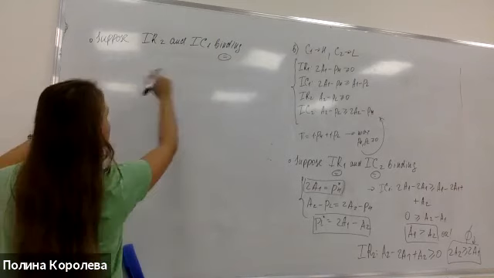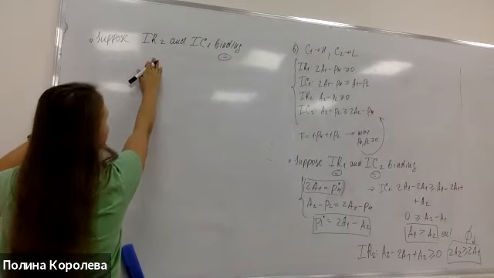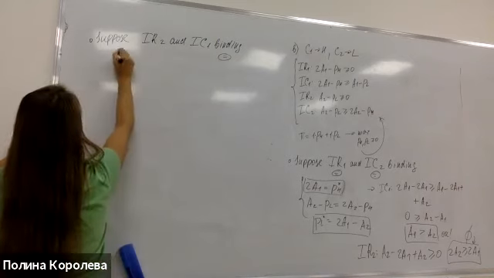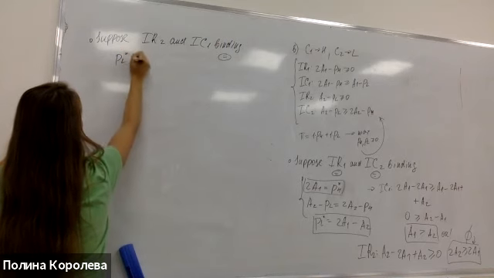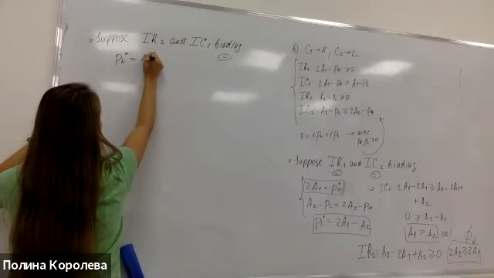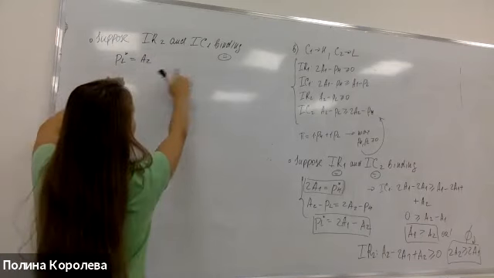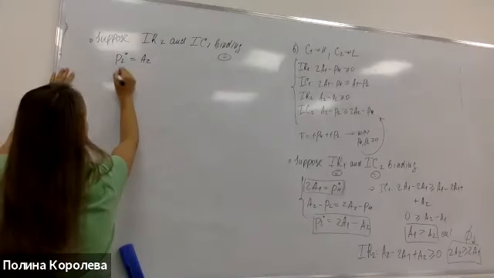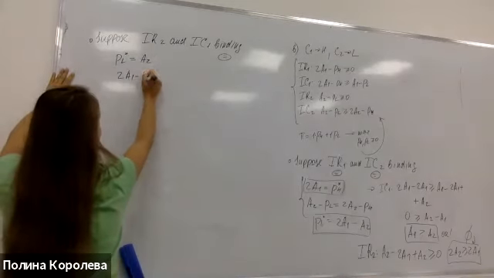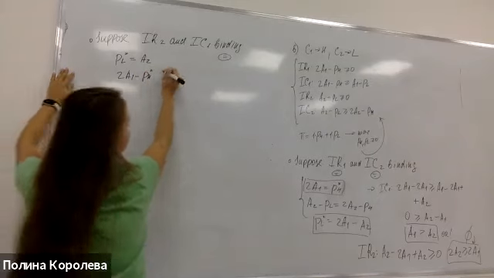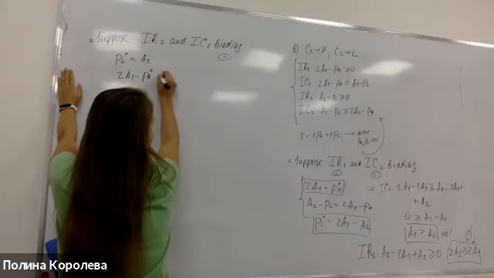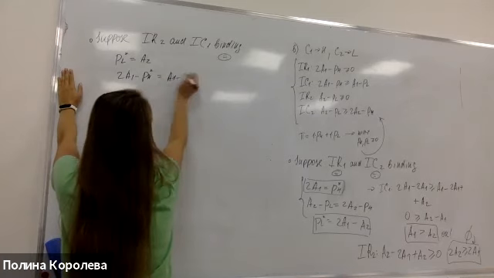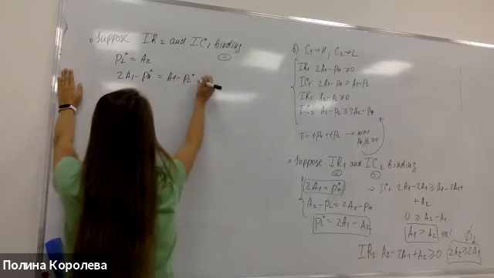Let's write down: IR2, EL star should be equal to A2, and IC1, A1 minus price of high quality should be equal to A1 minus price of low quality.